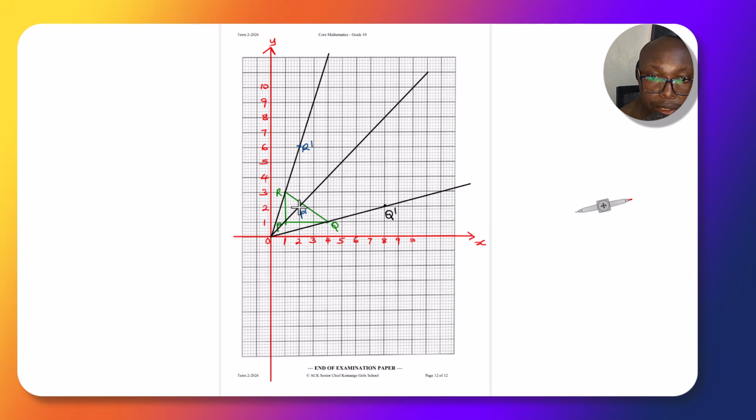From P to Q, and then from Q to R, then R to P, like that. So there we have the object and the image. You can see it is enlarged by scale factor 2.